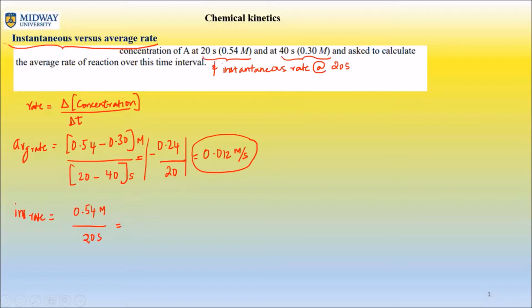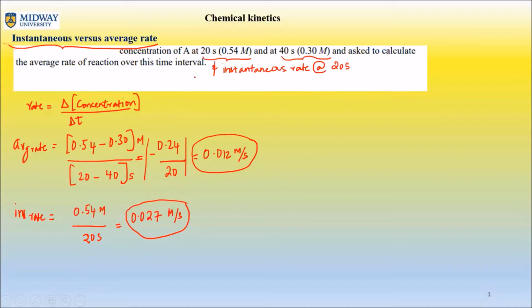So in the top case, we worked with not from 0 to 40, but between 20 and 40. An instantaneous rate at 20 seconds means at that very particular moment what's happening. So it's 0.54 over 20, which is 0.027 molar per second. So this is how average and instantaneous rate works.